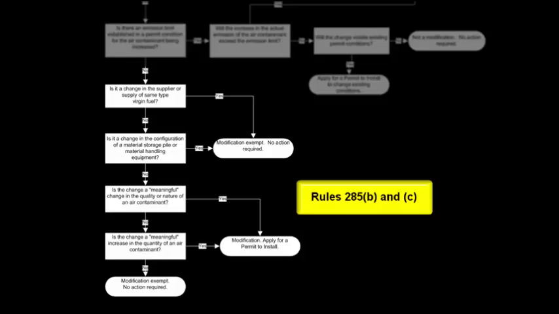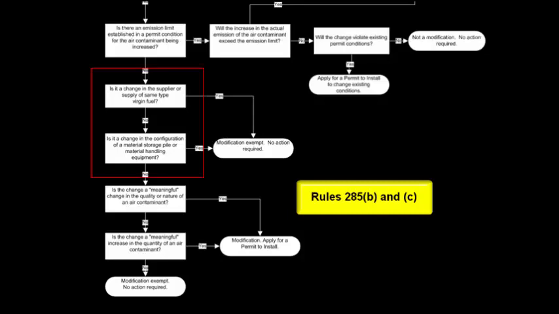Now these boxes here contain the modification exemptions for the Michigan Air Pollution Control Rules, Rules 285B and C. And if the modification involves changes to a supply or supplier of the same type of virgin fuel or changes to the material storage piles, the modification is going to be exempt.